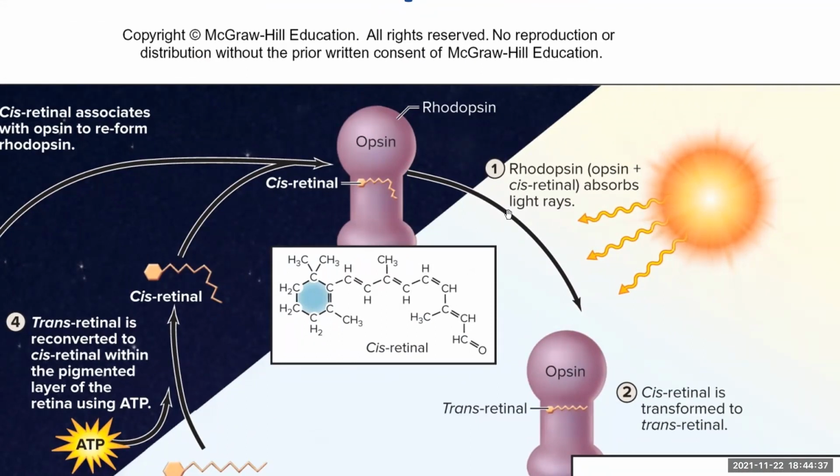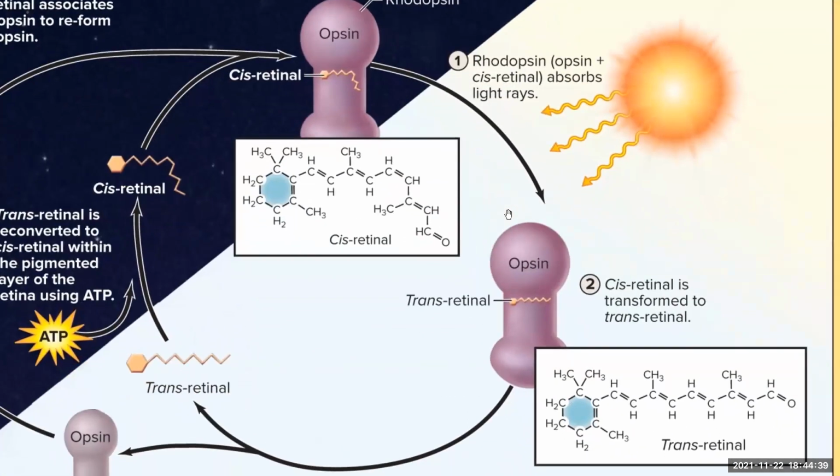Now, what happens is you flip on the light, let's say to get up to go to the bathroom, forgetting that the light is going to blind you momentarily. The light rays come in and change the configuration of our retinal from the cis configuration, where it's bent, and straighten it out.